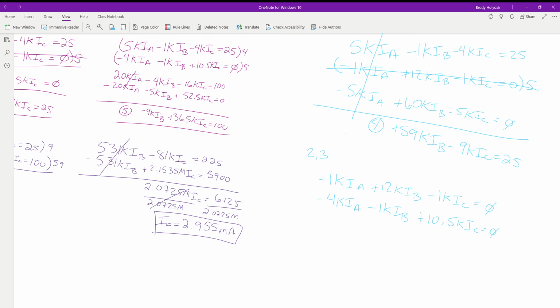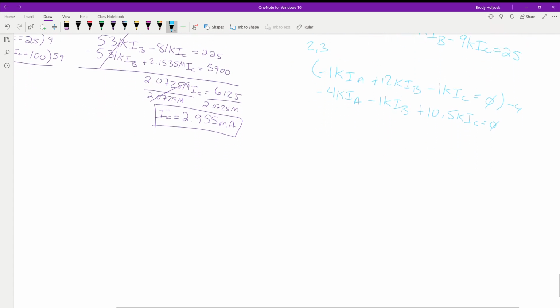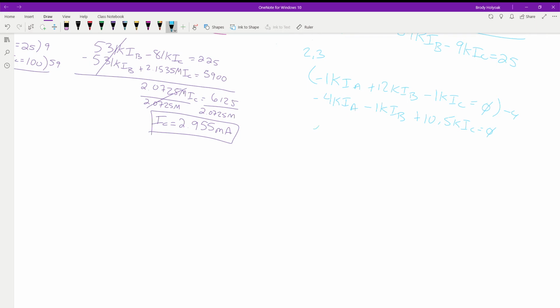And then we got to get rid of the A again. So we multiply the top guy by negative 4. So that gives us 4K IA minus 48, not 36, 48K IB plus 4K IC equals 0.